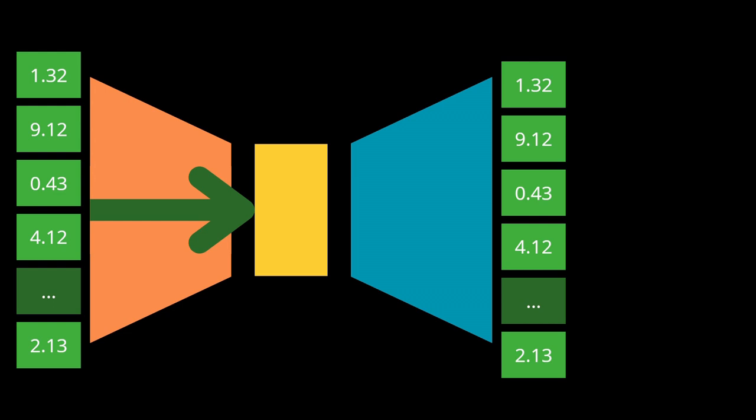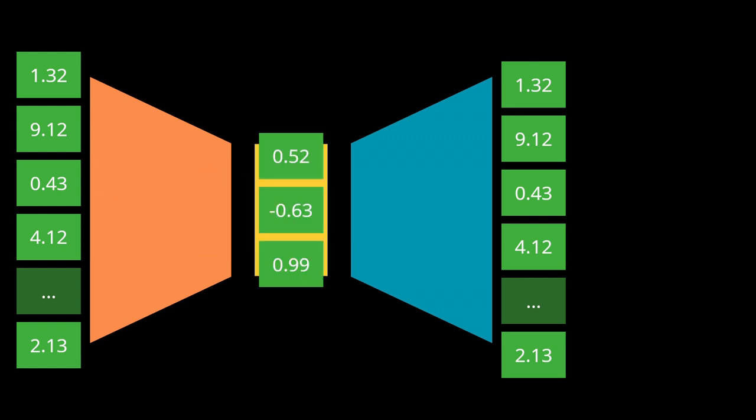Maybe the input is a list of numbers, a vector, of size 100, and it then gets compressed into a vector of size 3, and then gets expanded back again into a vector of size 100. The size of the vector we also call the dimensionality. The vectors above are 100-dimensional, 3-dimensional, and 100-dimensional again. The model is trained to produce the same output as input, which should force it to encode information in a compressed way.